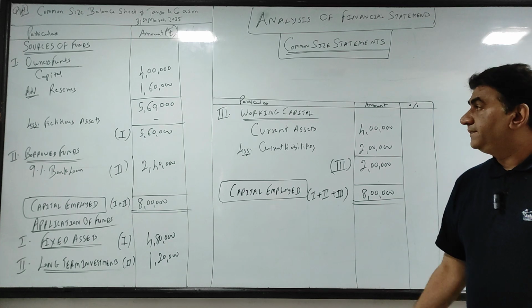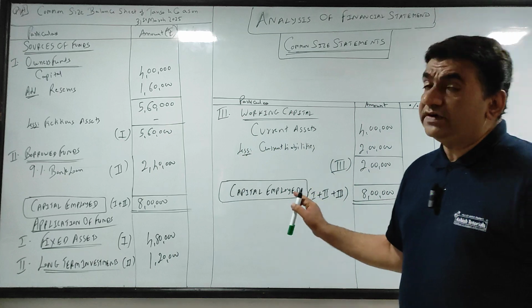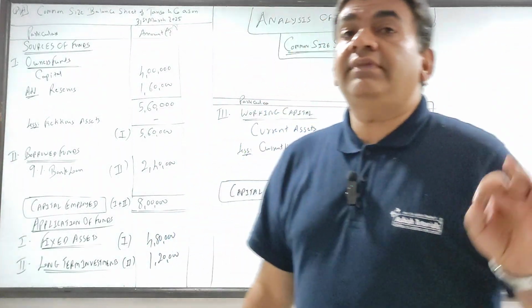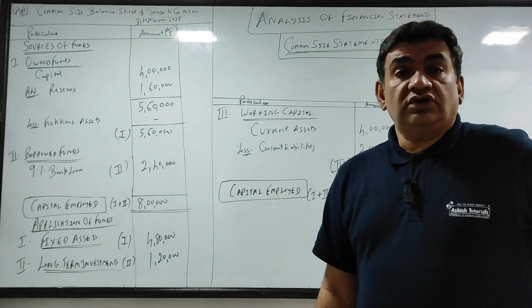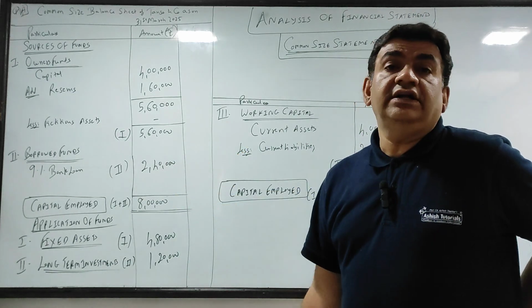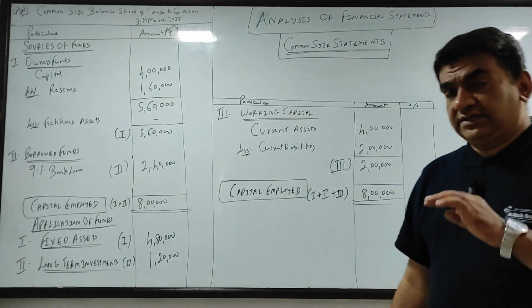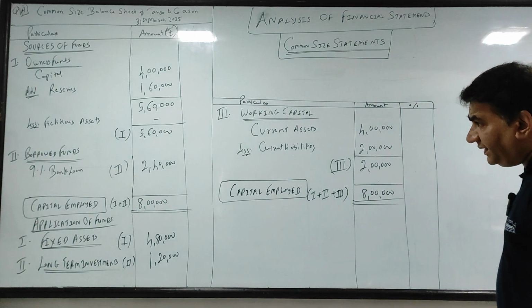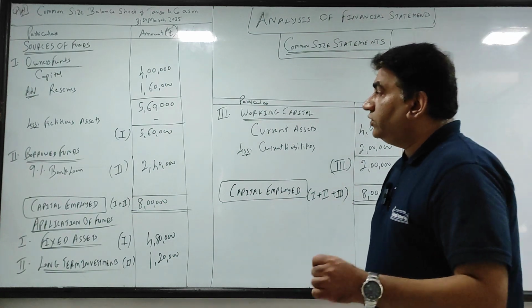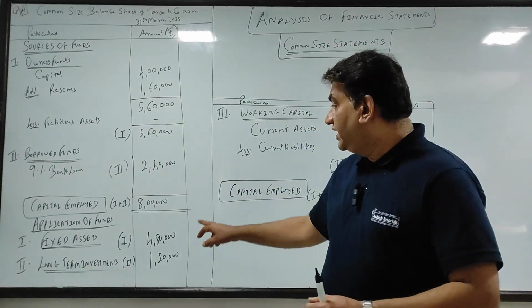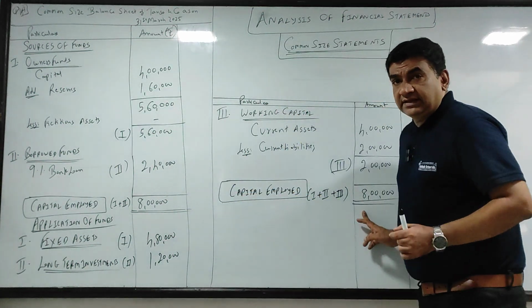Clear with this? This was the first half of the question where we had to convert. Remember, whether you are doing common size or comparative, first you will convert the full balance sheet or income statement and then do the percentage. Now listen, अभी क्या करना है? What I told you, common size में क्या करना है? Your total is 8 lakhs, correct? It has to tally.